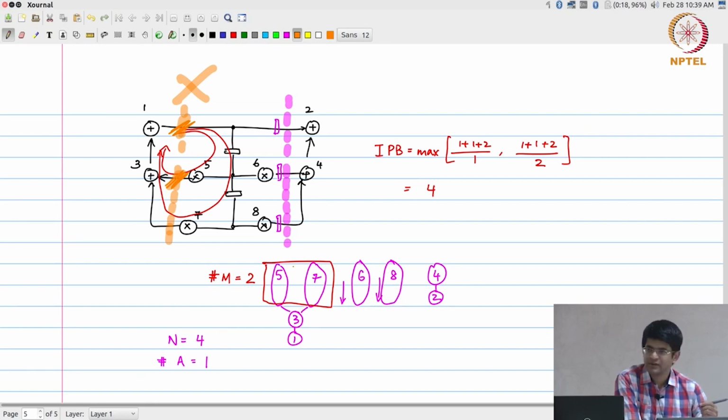As long as they remain that way, 5 and 7 both have to be scheduled in step 0. So I have to be able to break one of those dependencies. But both of them are feedback loops, right? So it doesn't look obvious that I can do any pipelining over there. Or to be more precise, I cannot do any pipelining over there. But what can I do instead? I can retime, okay?